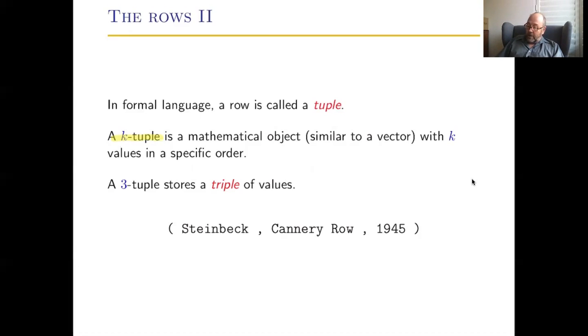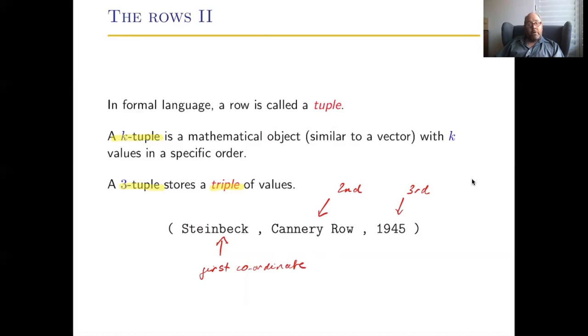So in particular, a 3-tuple stores a triple of values. And here's an example of a 3-tuple. The first coordinate stores the value Steinbeck, and then the second coordinate stores Cannery Row, and the third coordinate stores 1945. So a row is also called a tuple sometimes.